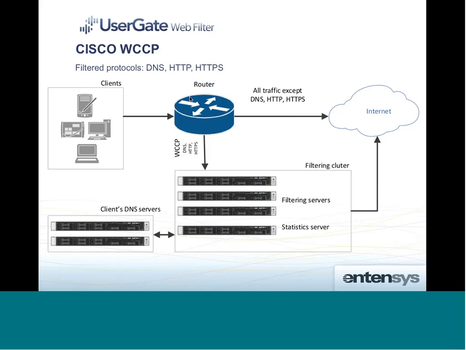So load balancing is already in WCCP, and for example, if one of the filtering servers just goes down or shuts off, it will be excluded by the Cisco router from sending traffic to that server. This is just the nature of WCCP, it's nothing from our side. This is why we recommend WCCP for a big ISP, for big companies who want to filter their traffic.